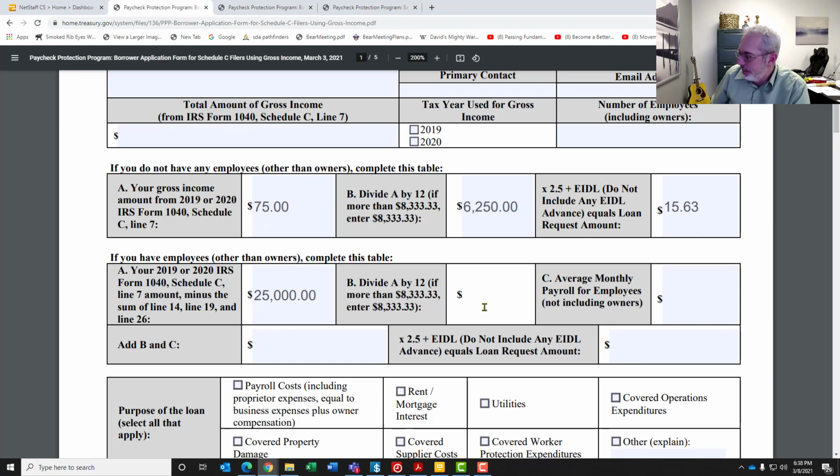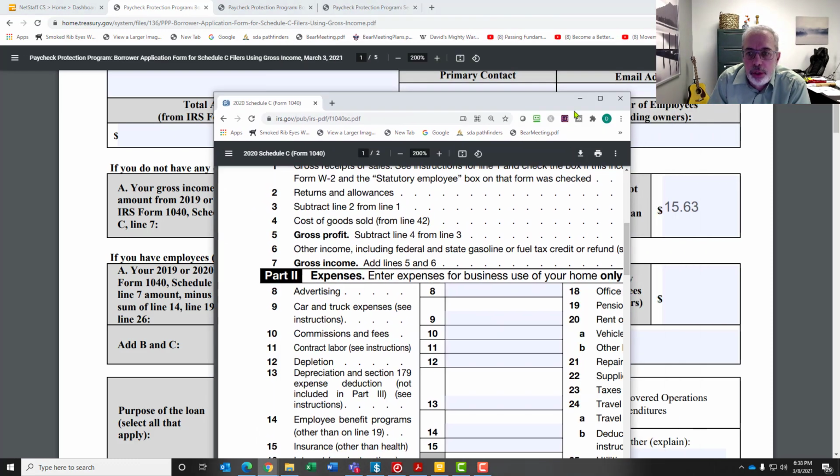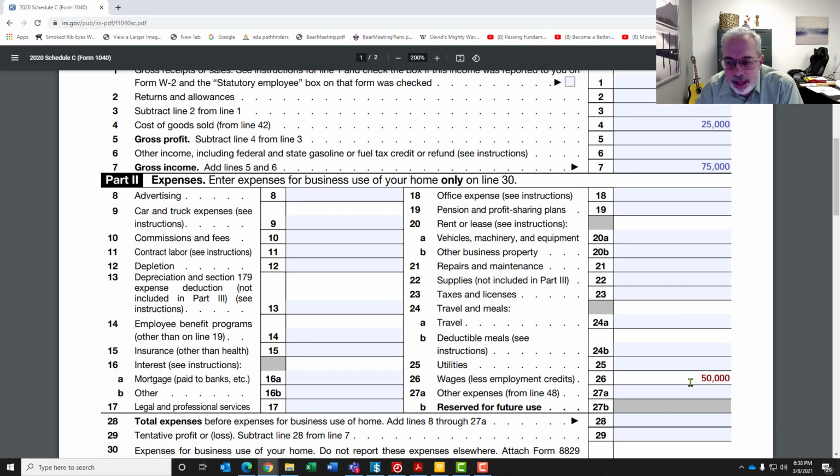And we're going to divide that by 12. And that gives me 2083. And then we're going to bring this back down, and then we had employee wages, and we get to divide that by 12.